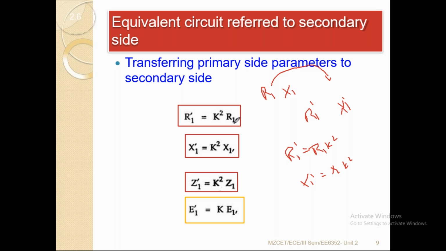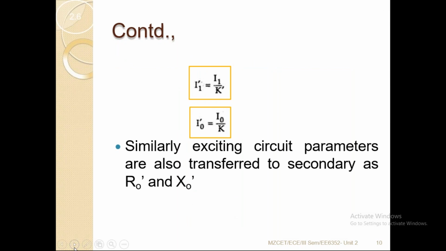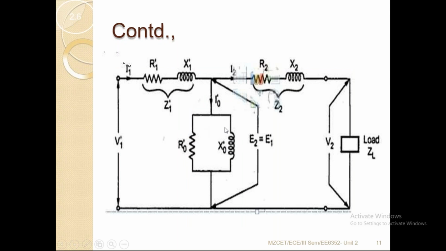Now we'll see what the equivalent circuit represents when transferring the primary circuit parameters into the secondary circuit. So this is the circuit representing primary shifted to the secondary: R1 dash, X1 dash, R2, X2.